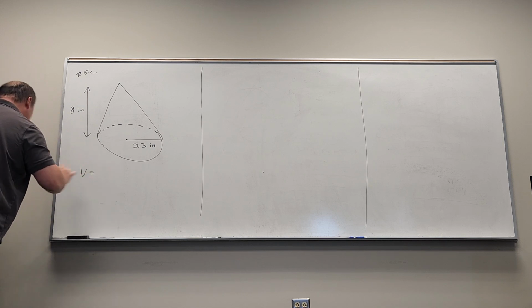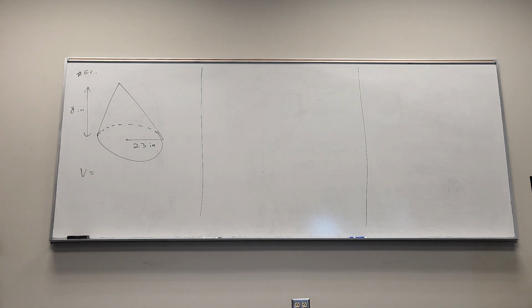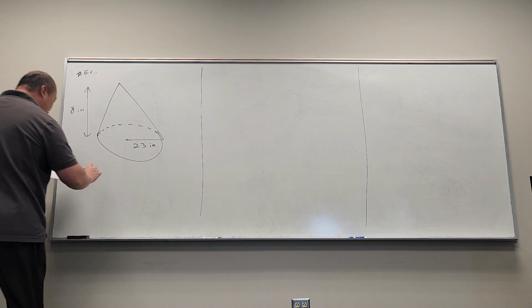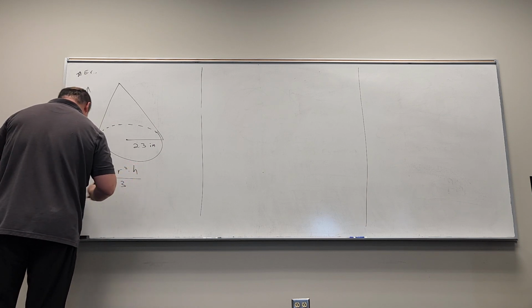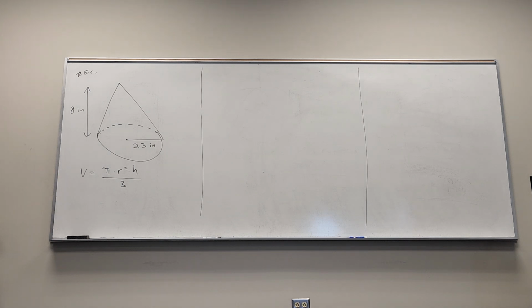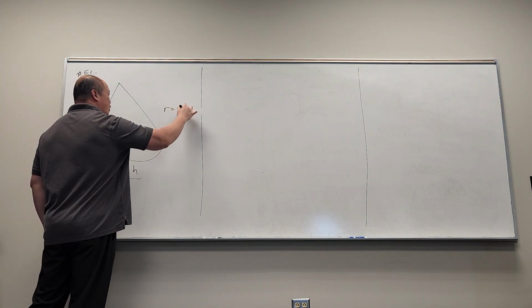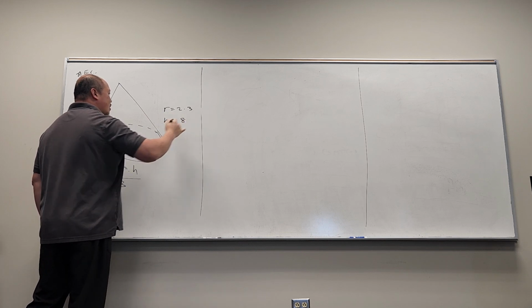I want to know what's the volume. So in this case, you just gotta look at the formula sheet. On the second page, for the cone, volume is pi times radius squared times height over 3. Now you know the radius is 2.3 and you know the height is 8.